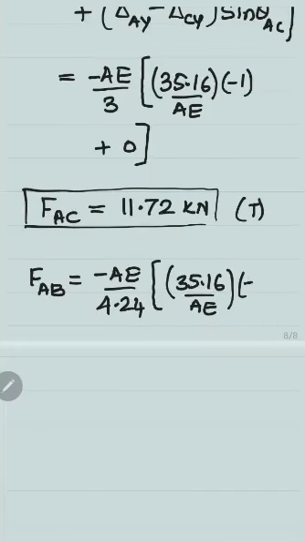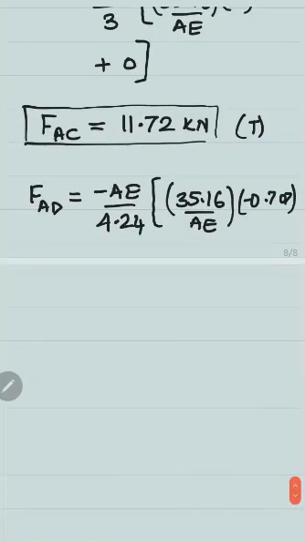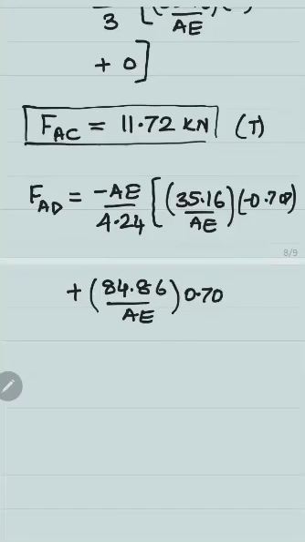Sorry, I think I'm calculating for AD, into 0.707, plus delta AY, which is 84.86 divided by AE, minus delta BY, which is 0, into sine of theta AD, which is 0.707 again, right?